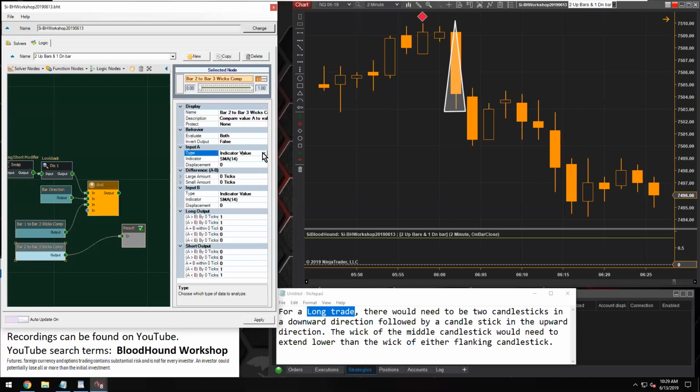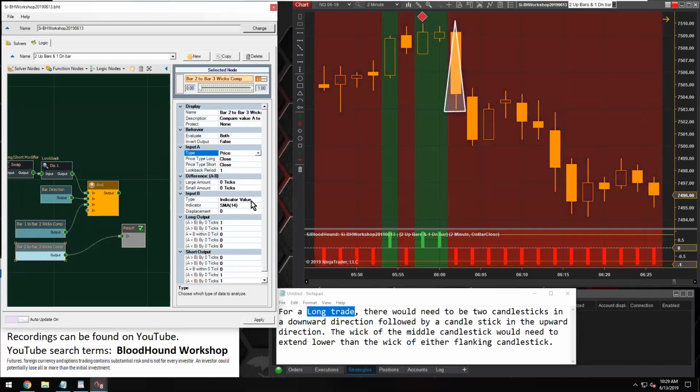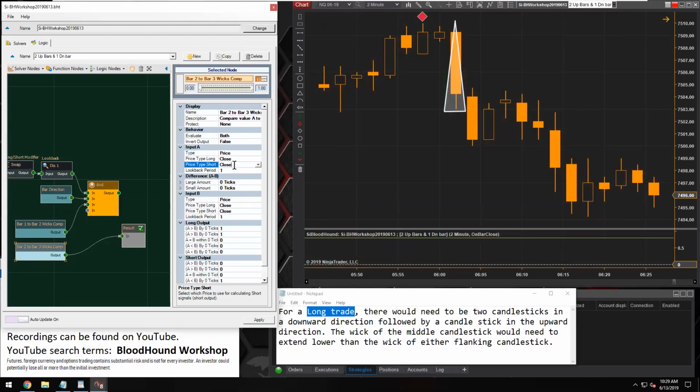So let's set all of these to price again, input A and input B. For short, we want the high price. For longs, we want the low price.